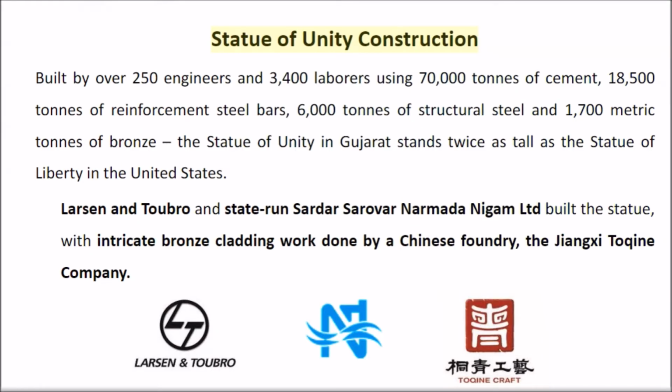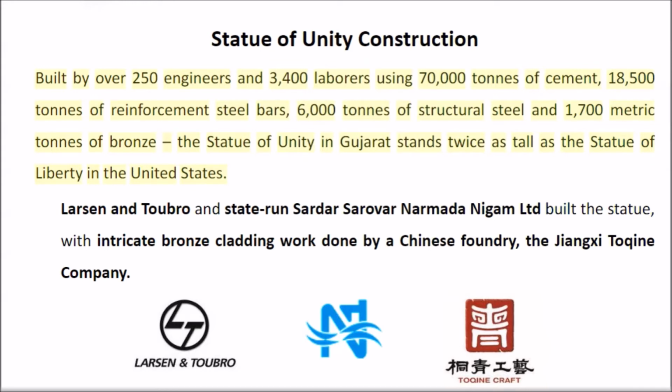Statue of Unity construction. Built by over 250 engineers and 3,400 laborers using 70,000 tons of cement, 18,500 tons of reinforcement steel bars, 6,000 tons of structural steel and 1,700 metric tons of bronze.